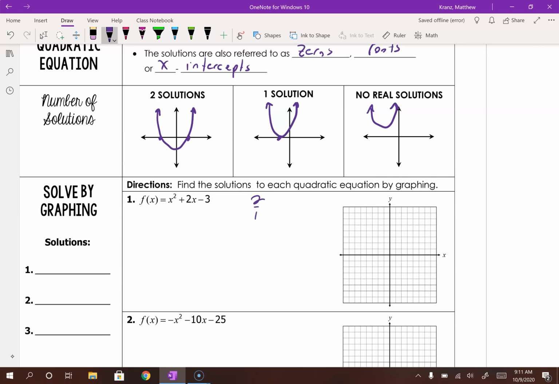So I take 2 divided by 1 gets me 1. So now I know I have an x plus 1 squared, and 1 squared is just 1. So that means that I'm going to add a 1 on this side and minus a 1 on that side. So I have negative 3, negative 4. So there's my vertex, negative 1, negative 4.